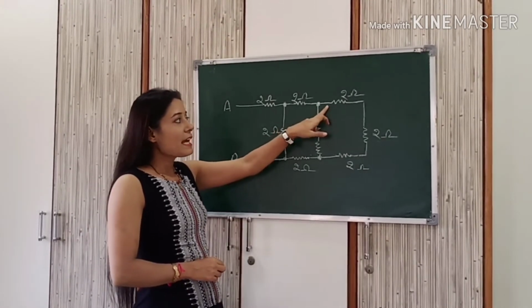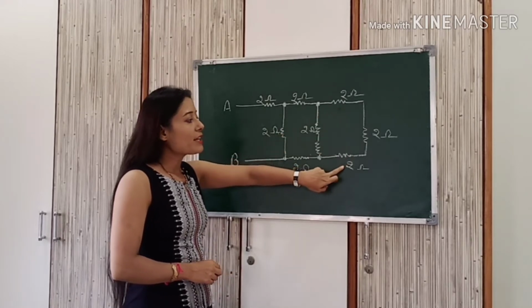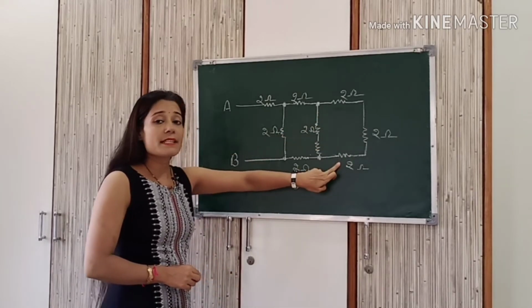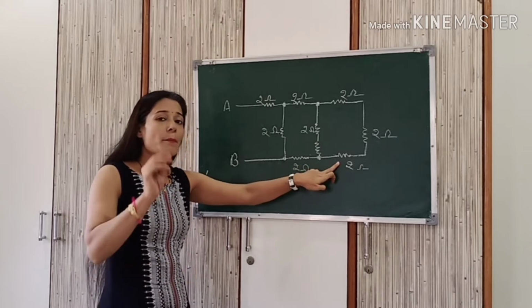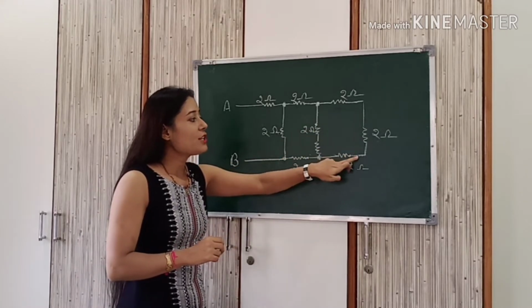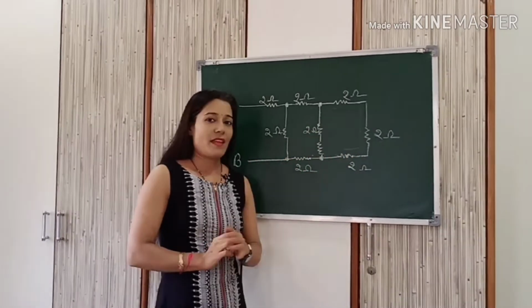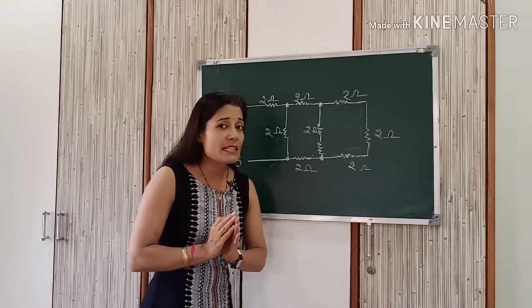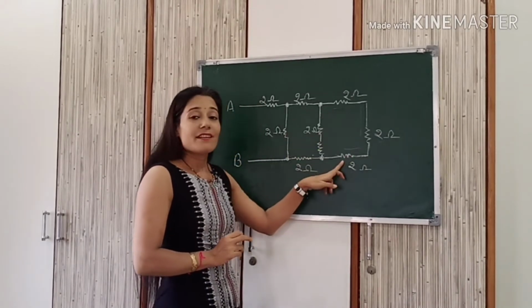So you can see that these three 2 ohm resistances are in series combination because there is no junction. Current is not getting divided. So what will be the net resistance of these three resistances?